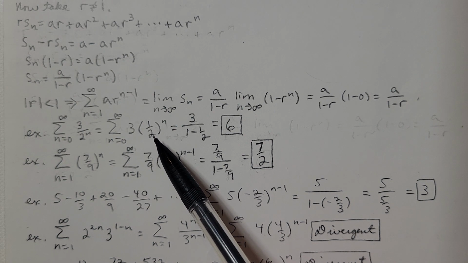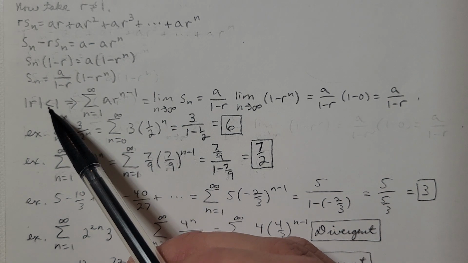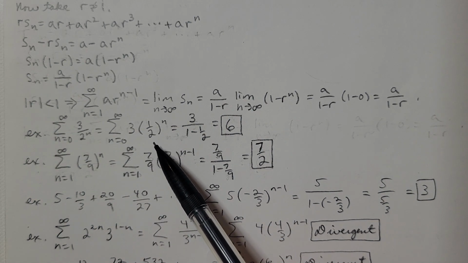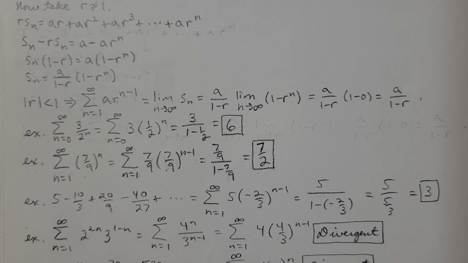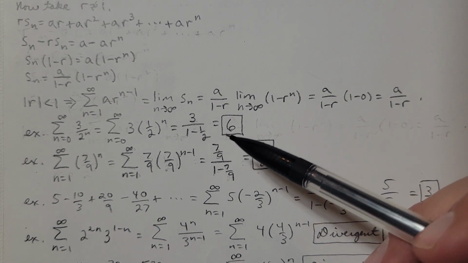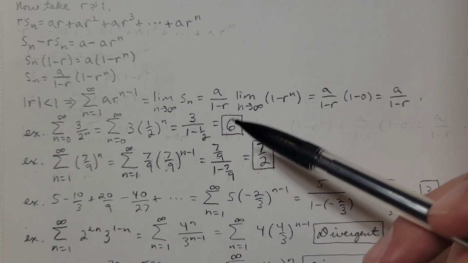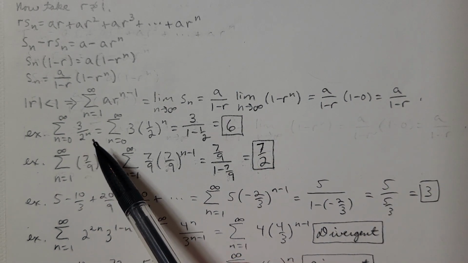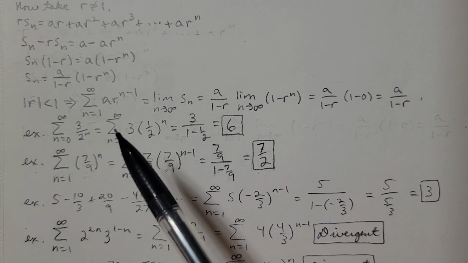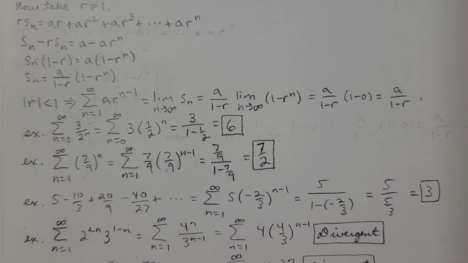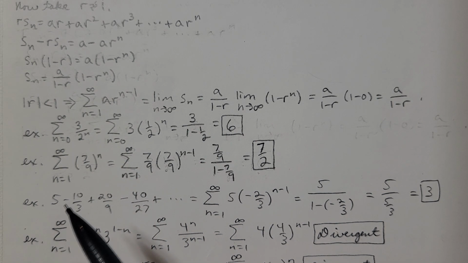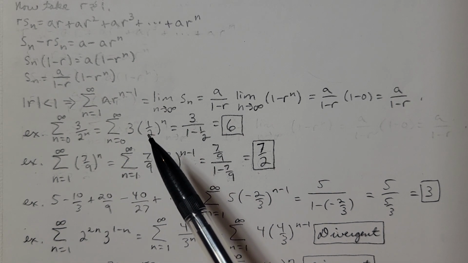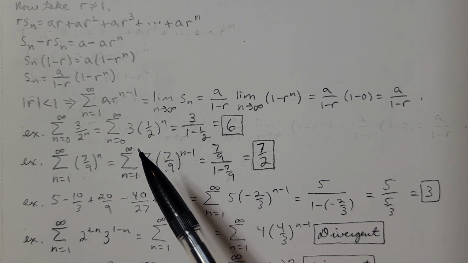This is going to be a convergent series because the absolute value of r is less than 1. So 3 divided by 1 minus 1/2, that's 3 divided by 1/2. If I flip the denominator, I get 6. So if I add up all infinitely many of these terms, the grand total is 6.